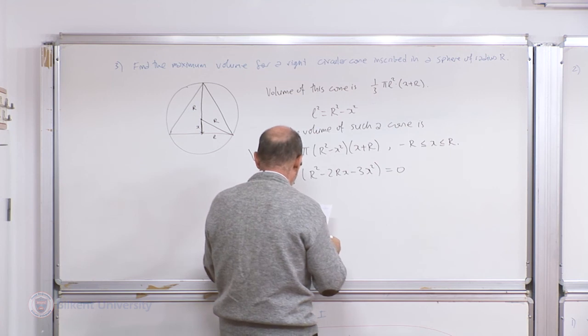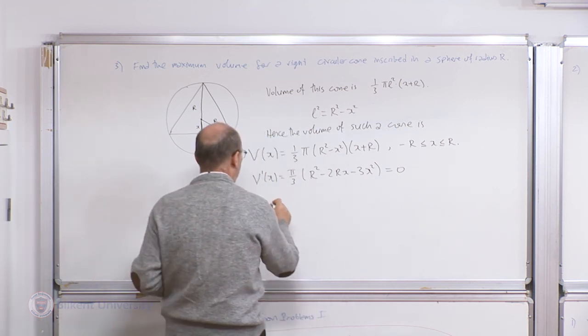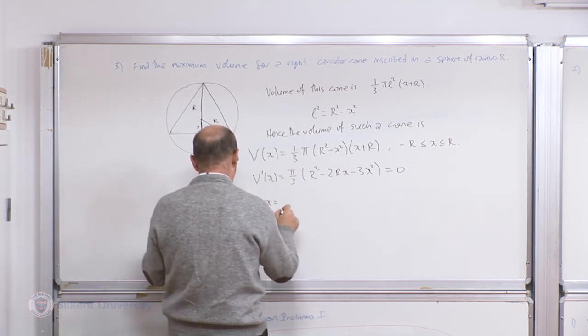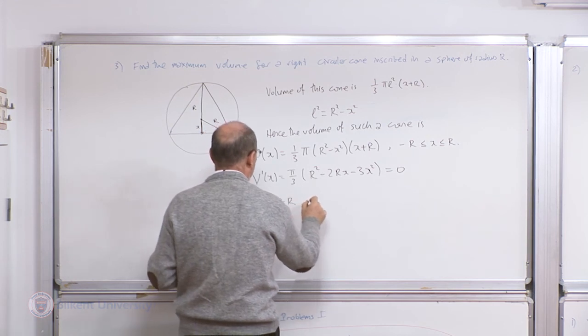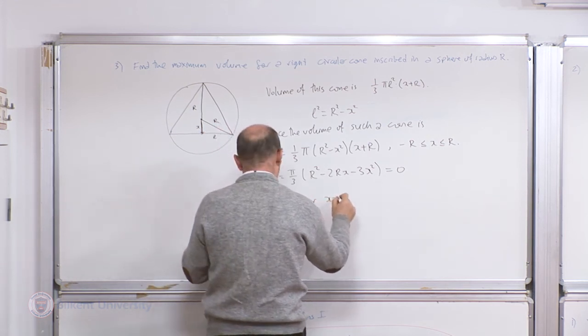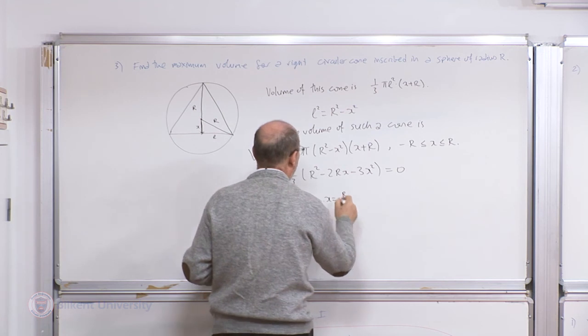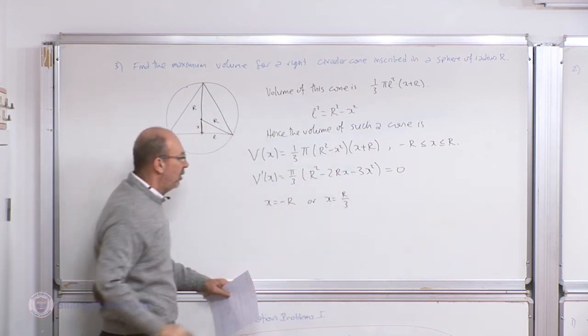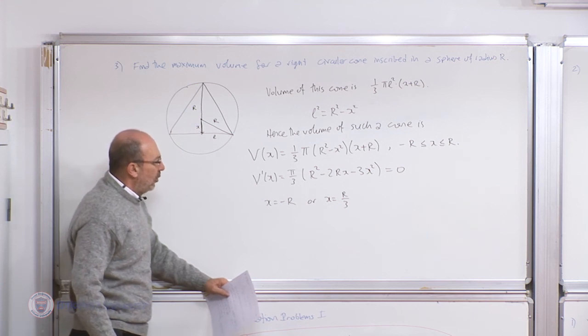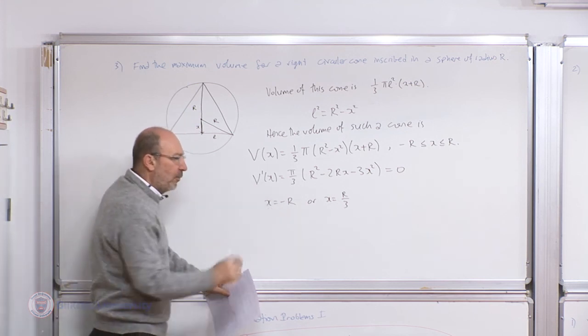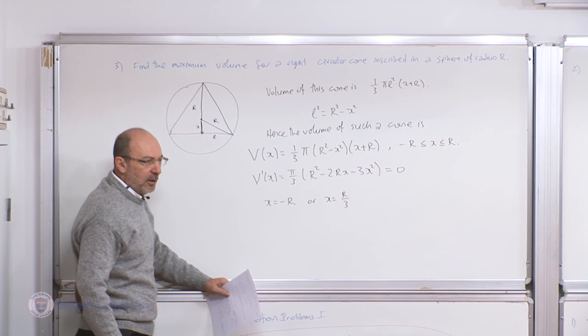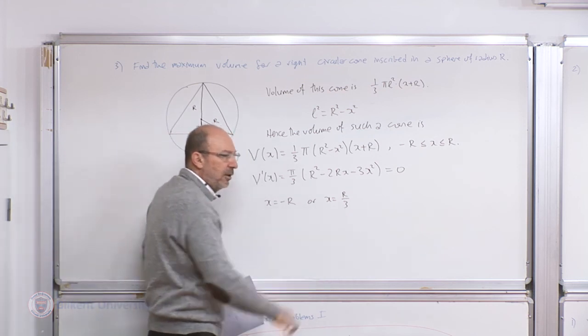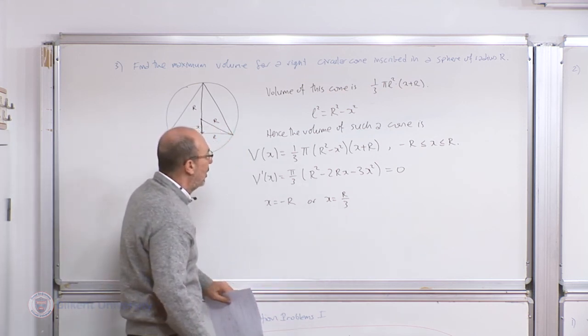So x is equal to minus r, or x is equal to r/3. That's what you get by solving this quadratic equation. This is an endpoint, so I will consider it later. So this is my critical point.